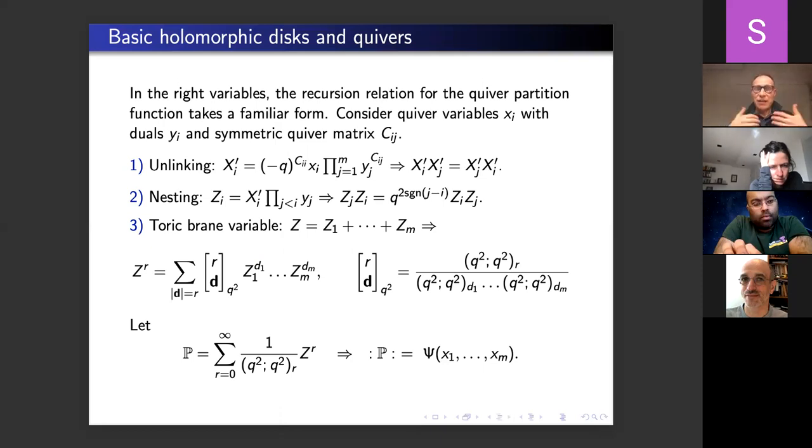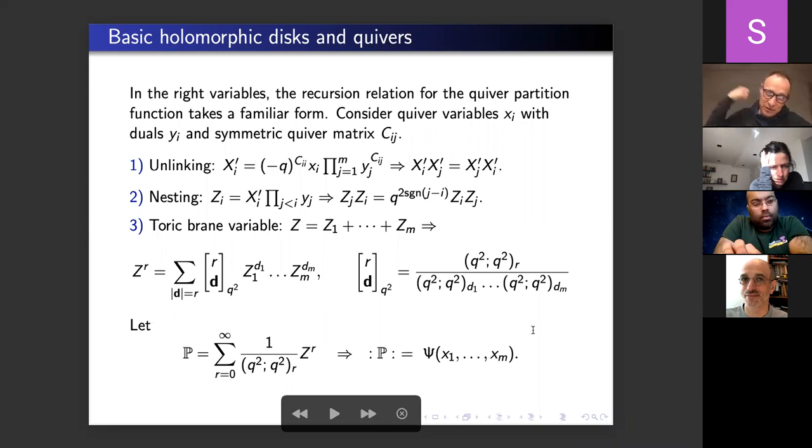Okay, if I do that, and then introduce this variable c, which is the sum of all the variables, well, I can write c to the power r, expanding it out by a kind of Q binomial theorem. And then I get exactly the expression for the partition function for the toric brane in variable c.